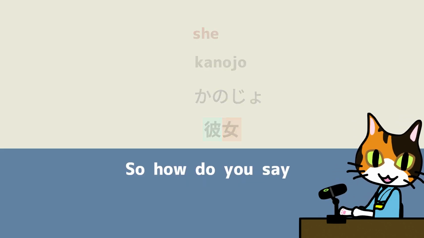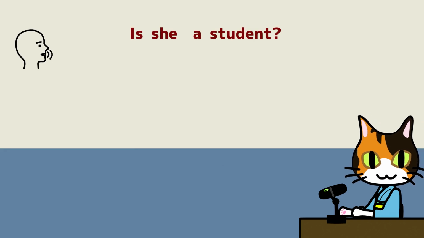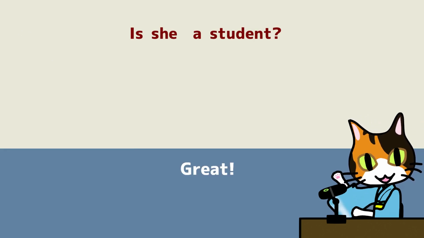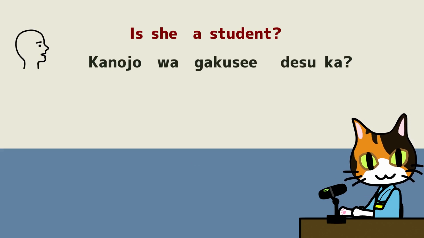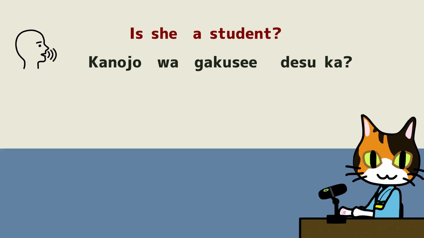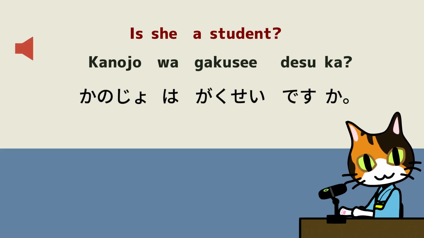So how do you say, is she a student? Great. 彼女は学生ですか?